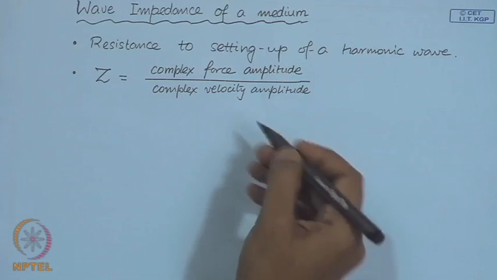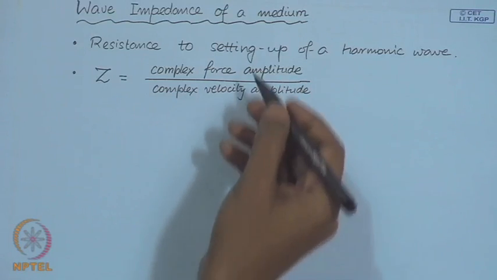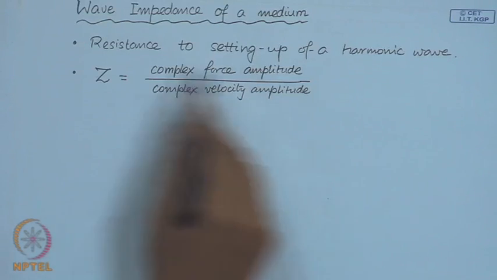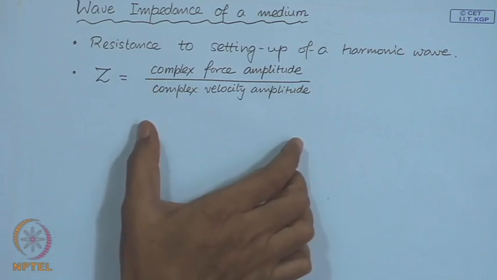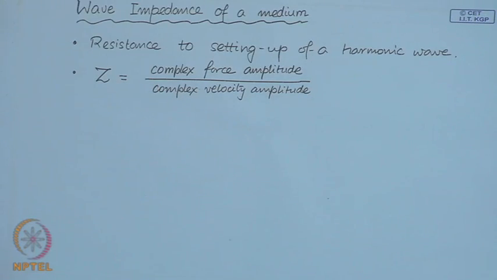So, remember that we are discussing everything in terms of complex representations. So, we will represent everything, say force, velocity, everything in terms of complex numbers.